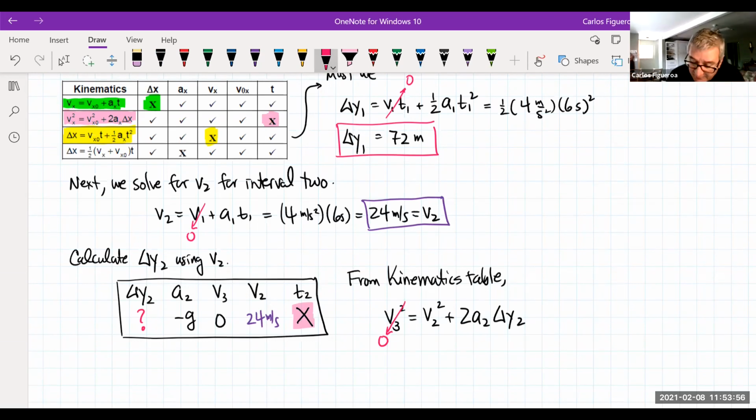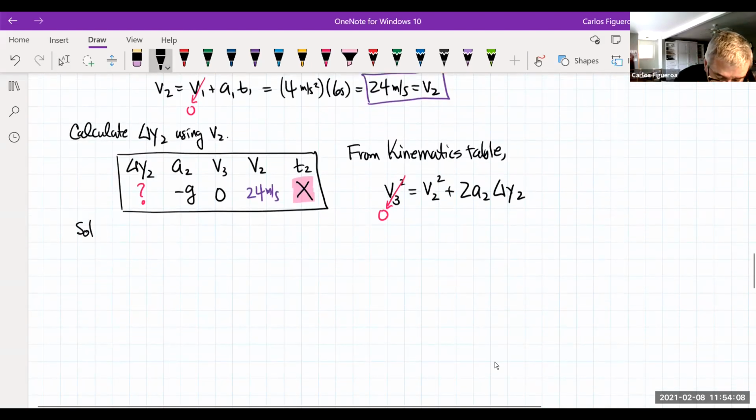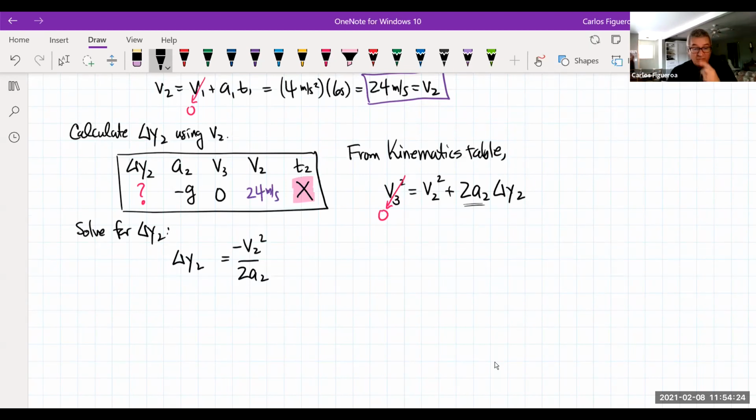So you could see here that I'm going to bring v2 squared over, but note that that's going to give it a negative value here. So now I'm going to solve for delta y2. If I bring that over, I'm going to get minus v2 squared, and then I got to divide by that quantity, which is minus 2 a2. And this will be delta y2.